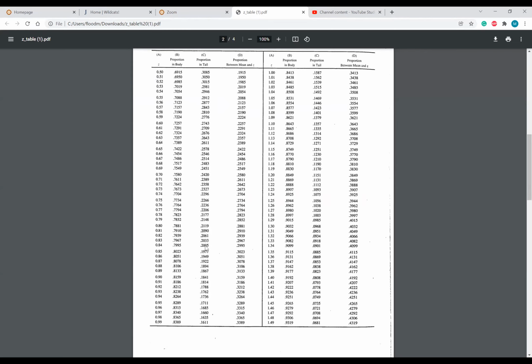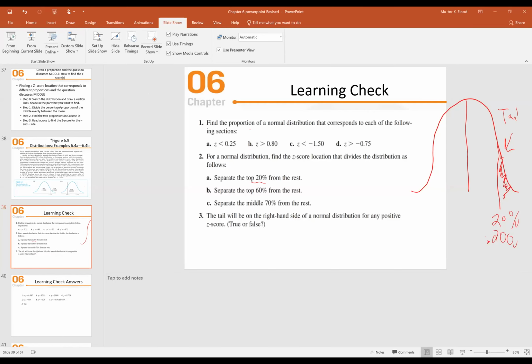Because the question asks us what the z-score is, we look over and find the z-score. That z-score is 0.84. But remember, we have to make sure whether the z-score is positive or negative. In this case, that z-score is above the mean, so it is a positive z-score. So the z-score equals positive 0.84. All right.